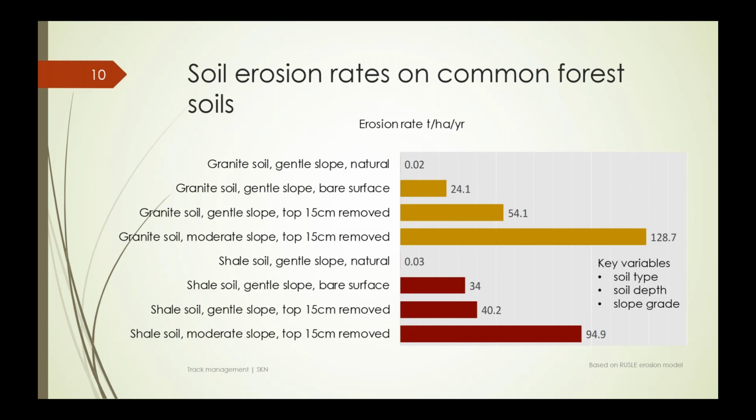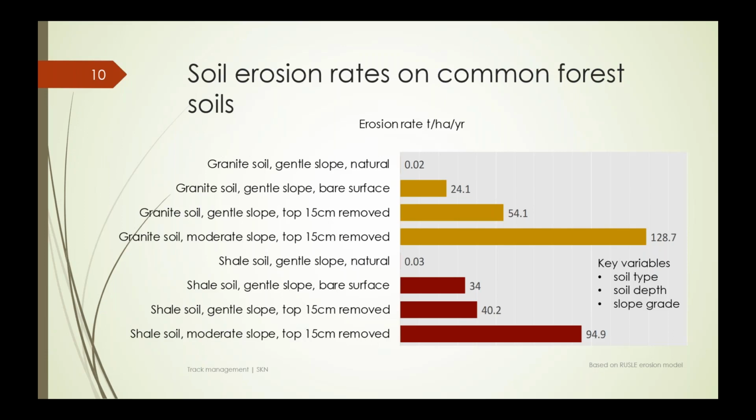So the number there, 24 tonnes per hectare per year, is effectively about 1.5 to 2 millimetres of soil removed off the surface. Once we get down 15 centimetres depth, then the erosion rate is again doubled to 54.1 tonnes per hectare. And then if we go up to a more moderate slope, around 15 to 20%, we again double the rate of erosion.